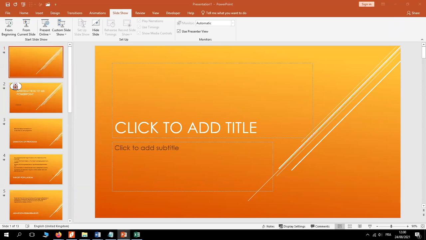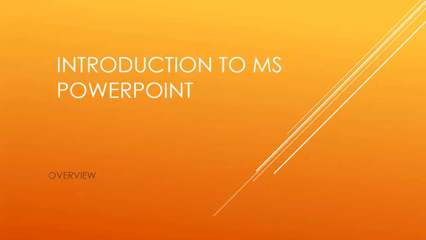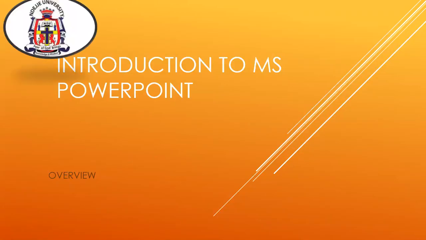So that's slide number 1. It has come. Remember, I set it to about 5 seconds, if I'm not mistaken. Then that's the second slide. That's how the image has come when I pressed space on my keyboard.